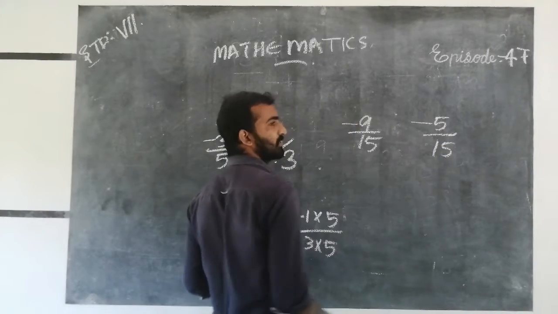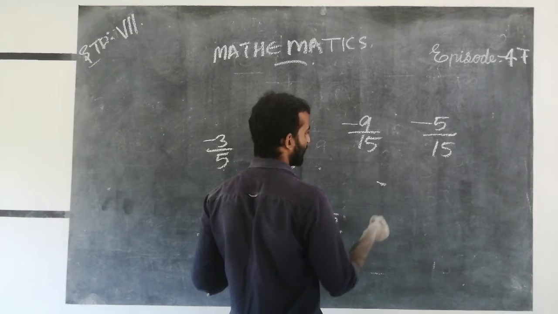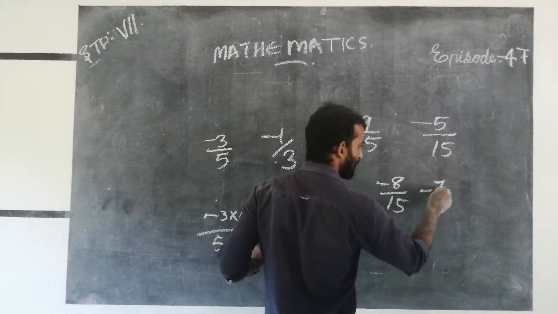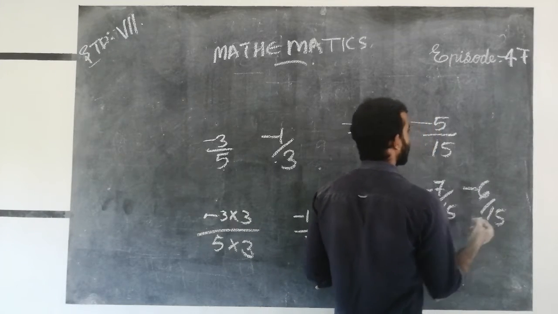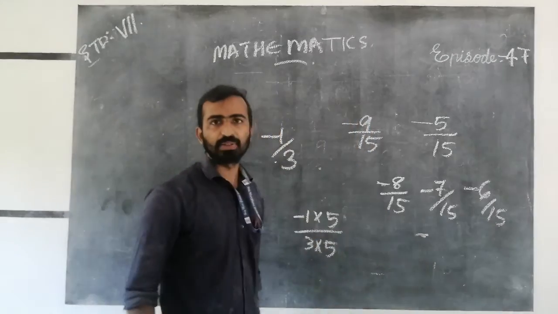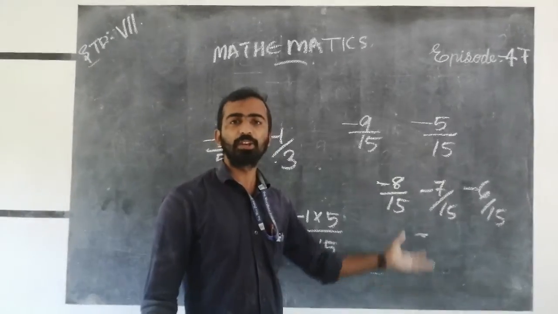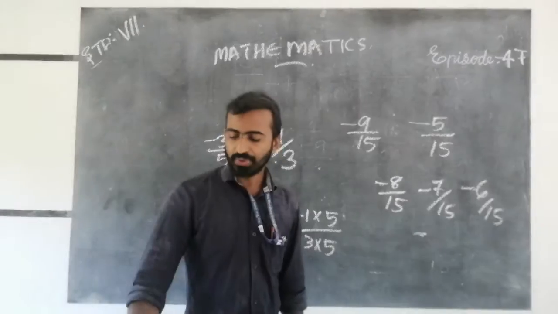In between these two rational numbers, we can take negative 8 by 15, negative 7 by 15, negative 6 by 15. We want only two rational numbers. As you like, you can take any two rational numbers.